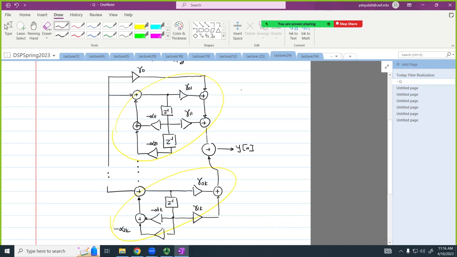Okay, so each section is going to have 4 multiplications and 2 delay elements.